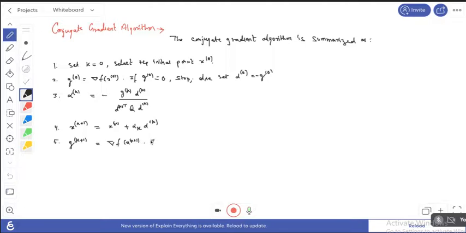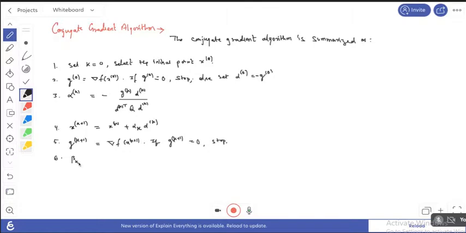If this gk plus 1 equals 0, we have to stop here. For k equals 0, we can find alpha 0, then x1 and g1. If g1 is 0, we stop. If g1 is not 0, then we have to find our beta k.